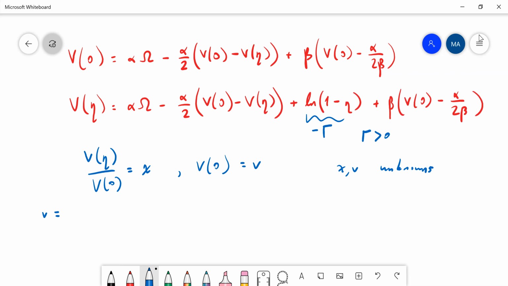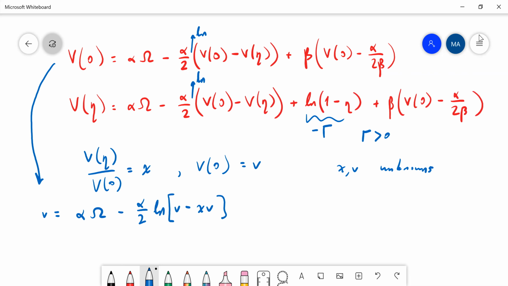V equals, so the first equation, V equals what? Alpha omega minus alpha 2, oh wait, we have ln here, okay. There's ln here and ln here, okay. Alpha ln, careful. So this is what? V minus xv, right?